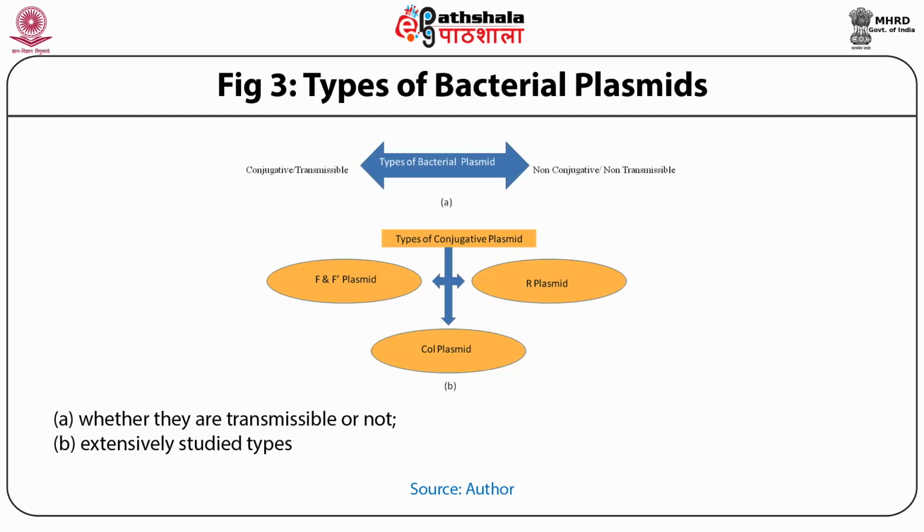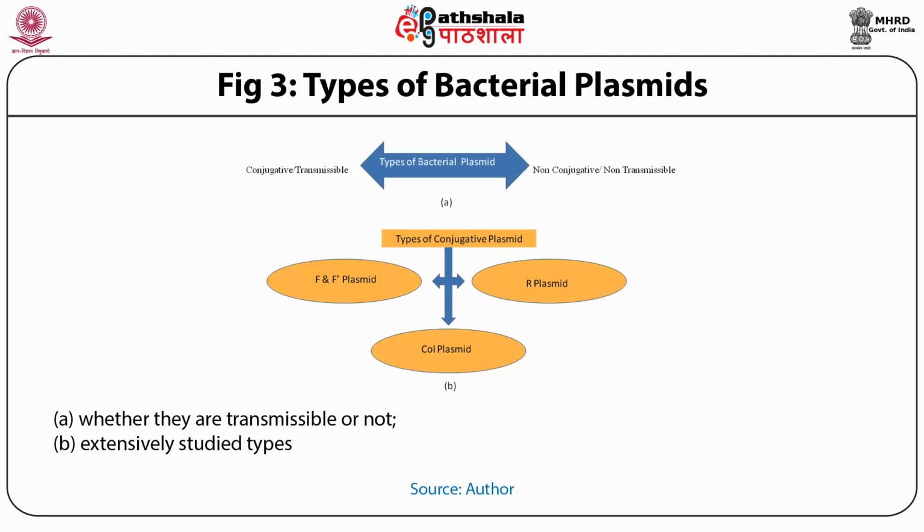Col plasmids, these are the plasmids that have genes encoding colicin proteins that kill sensitive E. coli cells. Other plasmids are also present that code for bacteriocins and vibriocins. Vibriocins have the capability to kill sensitive Vibrio cholerae.